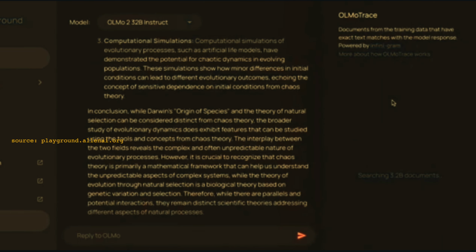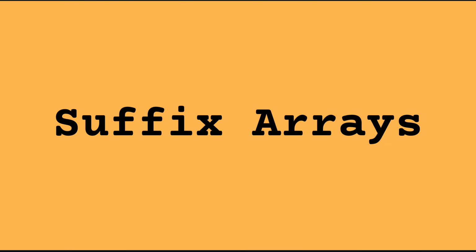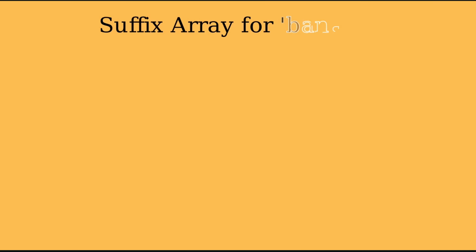The key to AlmoTrace's speed is efficiently finding exact text matches within the vast training data. This is achieved by pre-processing the training data using a technique based on suffix arrays. Imagine a very short text, banana.